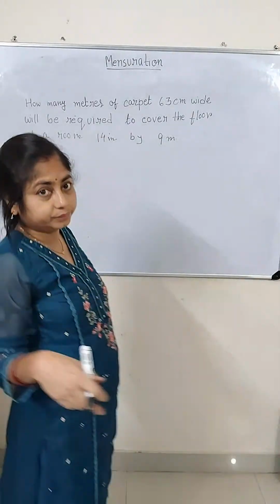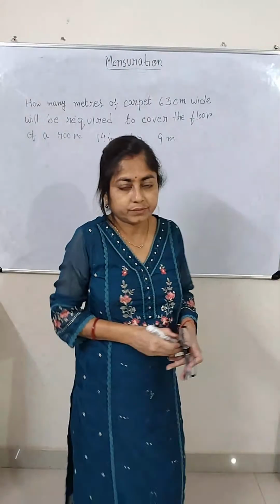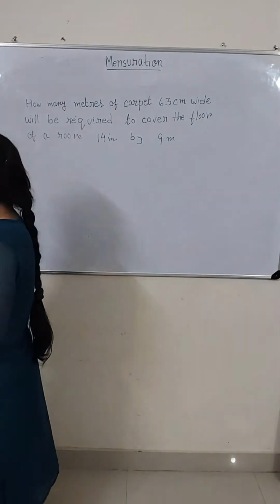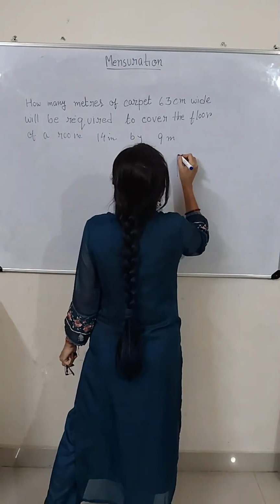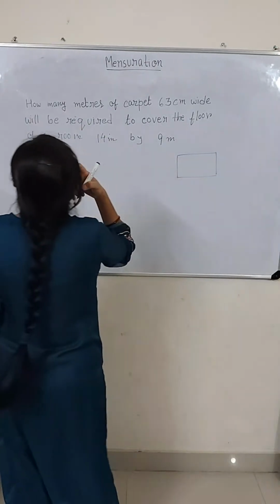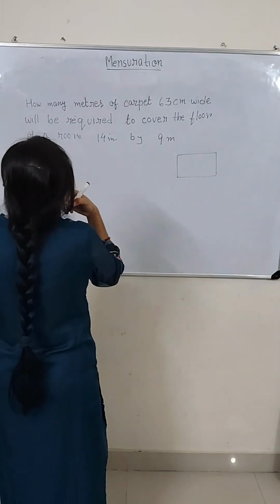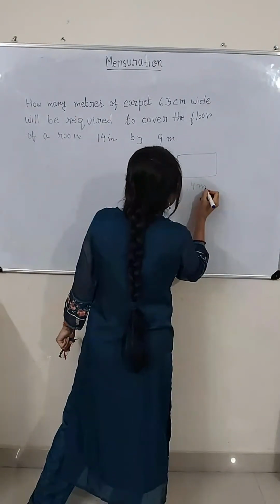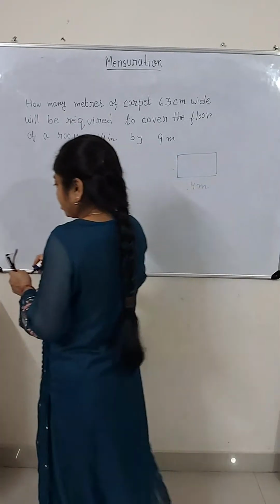There is a room, and the dimensions of the room they tell, so I draw the picture. The room length is 14 meter, breadth is 9 meter.